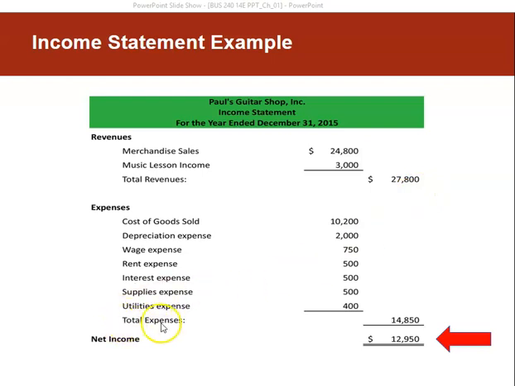We had total expenses, although we had several different types of expenses, of $14,850. If we subtract the $14,850 from the $27,800, we end up with net income of $12,950. That's because our revenues are higher than our expenses. This is what we want to see happen. Okay?